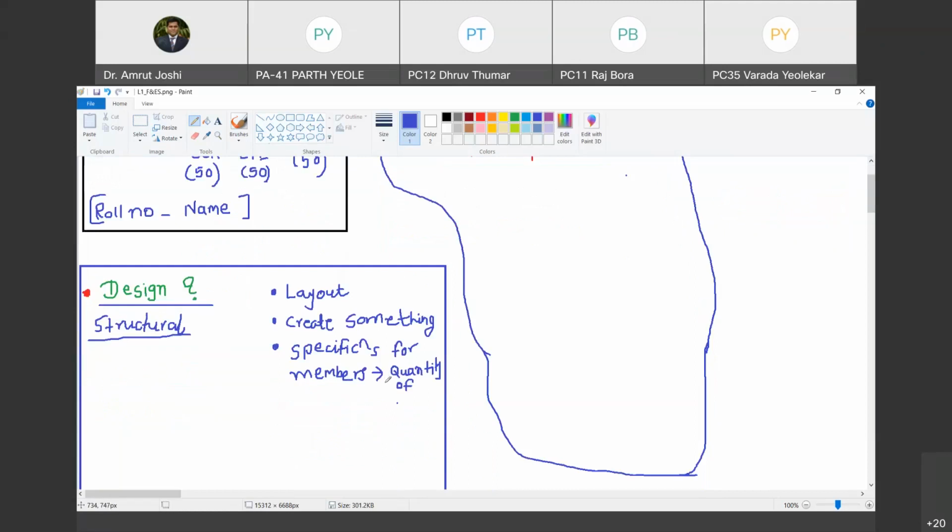Yes. So ultimately it is quantity and type of steel, right? And if you are saying it for steel, you are also saying it for concrete, right? Yes, sir. Okay. So quantity of steel, its placement, spacing, diameter, then grade of concrete, all these things, right?